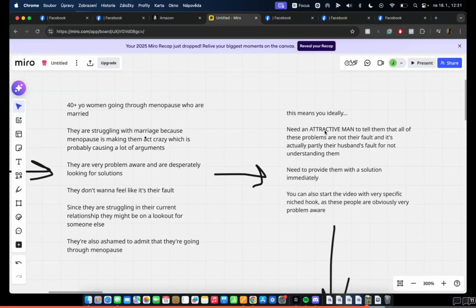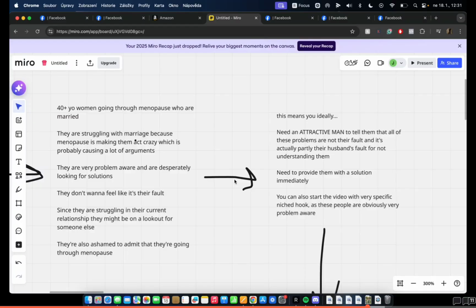So you will first create an attractive character, and then he's ideally going to talk about the fact that the menopause, that she's acting slightly irrationally, is actually her husband's fault and not her fault, and he is at fault for not understanding her issues, which is what they want to hear. And if it's an attractive man saying it, it's going to work insanely well.